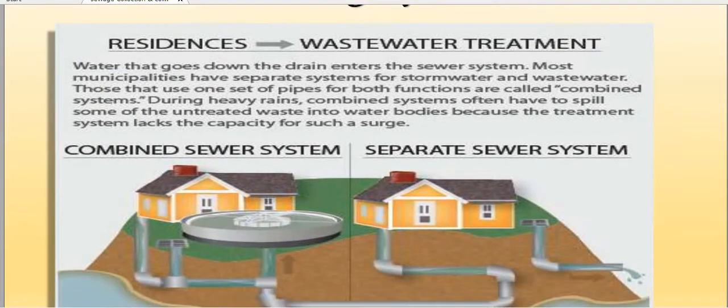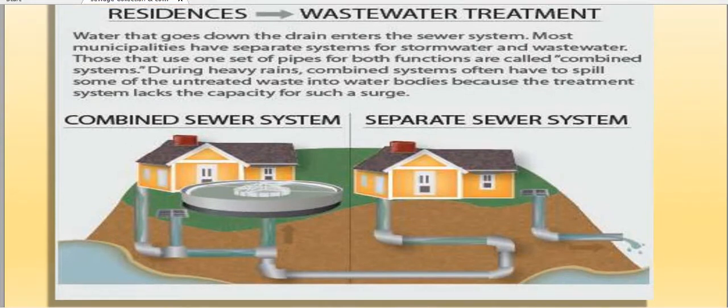Now the next point. This is the pictorial view, that is, the wastewater or the waste is generated from the residences, up to wastewater treatment. The water that goes down the drains enters the sewer system, means when we flush out the waste from the water closet or from the bath.